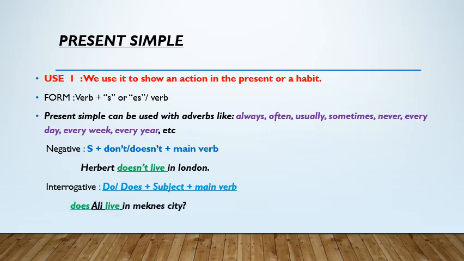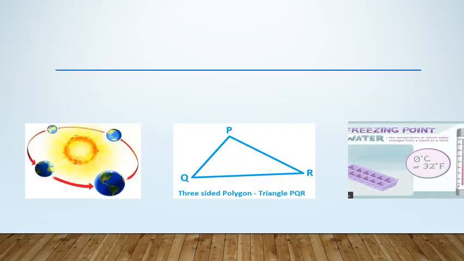Does Ali live in Meknes? As you may see here, live is in the infinitive form. And don't forget to add a question mark at the end and of course change the intonation, because the intonation tells a lot about the structure of the sentence that you are uttering or speaking.